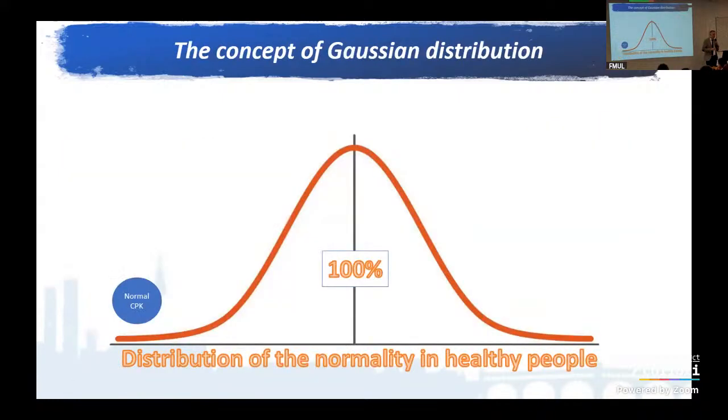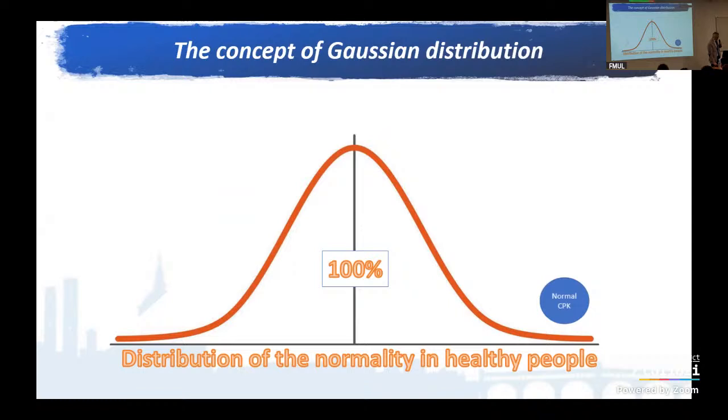We have also another condition that should be considered, that is the concept of Gaussian distribution of normality. All these values of CPK are normal. This is the distribution of normality in healthy people.